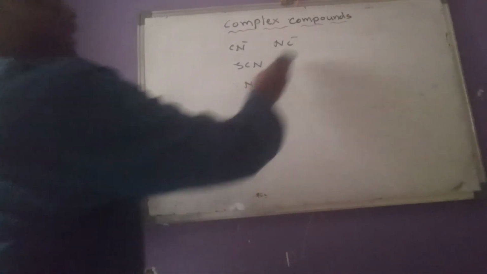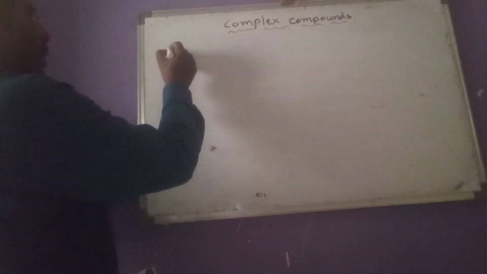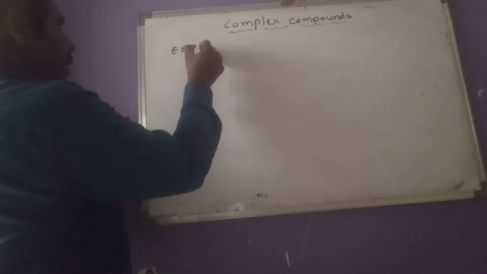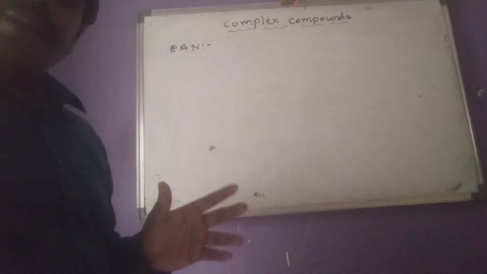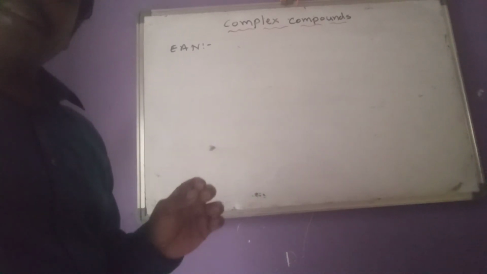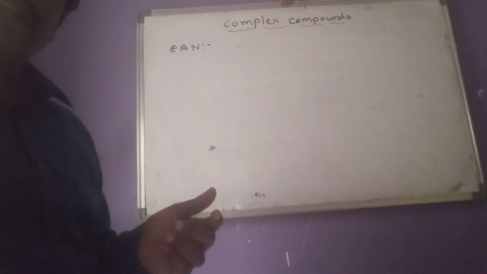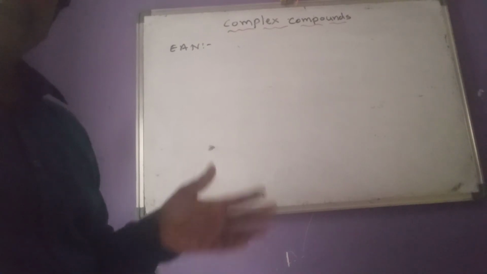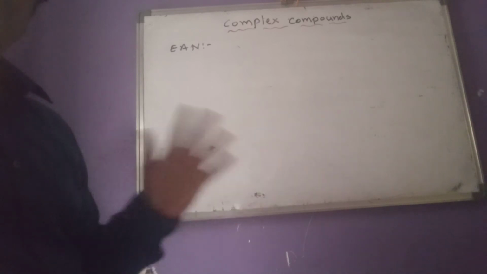Such ligands which contain more than one donor atom are known as ambidentate ligands. Okay, then after this let us see effective atomic number. What is effective atomic number? Effective atomic number means the resultant number of electrons present with the central metal ion after formation of the complex compound.